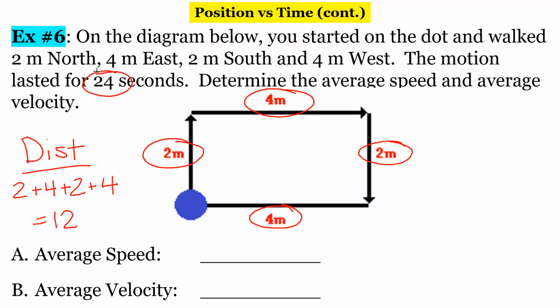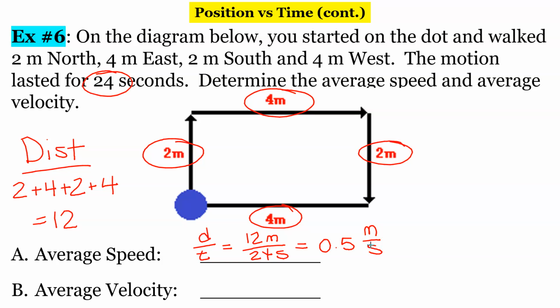Our formula for average speed is distance over time. The total distance that I covered was 12 meters, and it lasted for 24 seconds. 12 divided by 24 is 0.5, and my units are going to be meters per second.